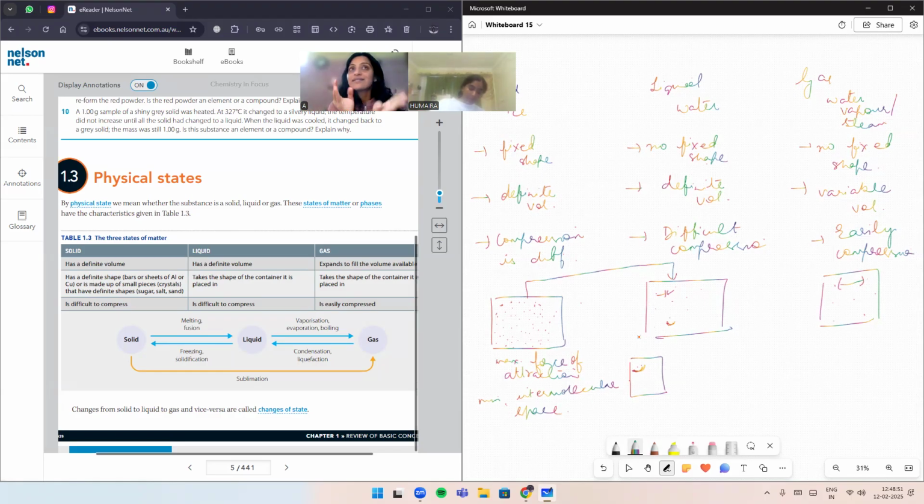And increased distance as compared to solid is your liquid state. This process is known as melting. And in chemistry language, we call it fusion. So melting is fusion. You understood the concept of melting, what is actually happening inside the ice.